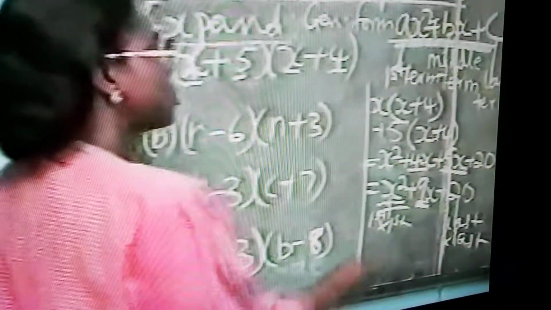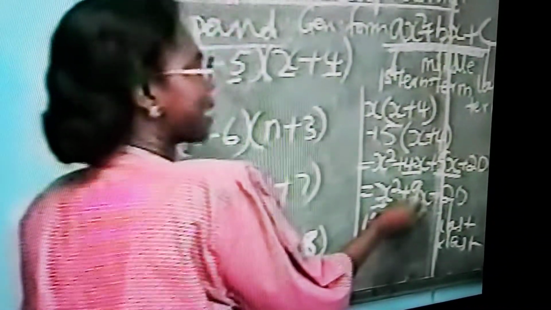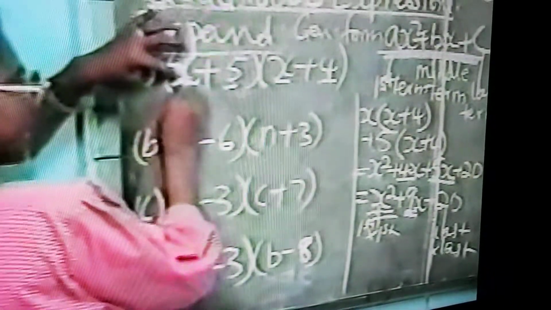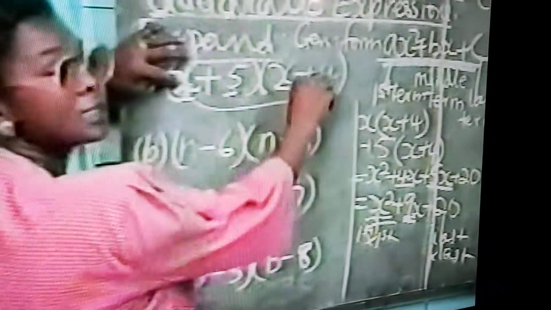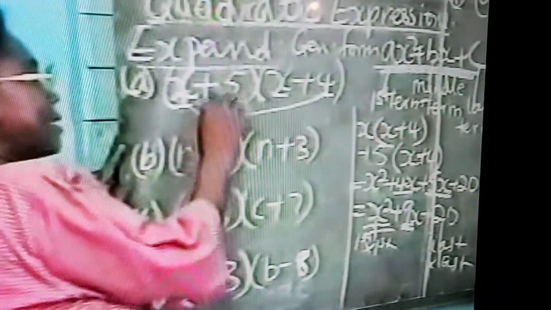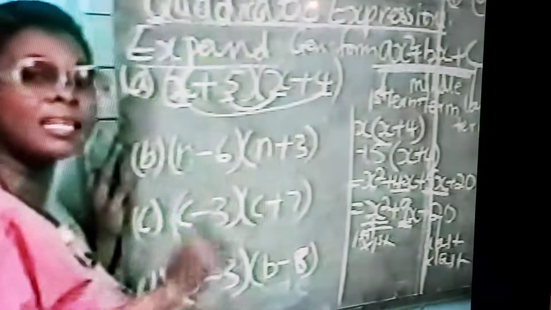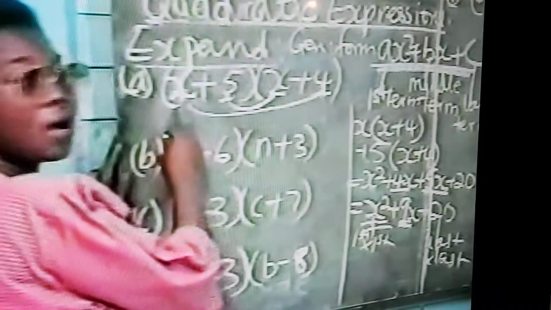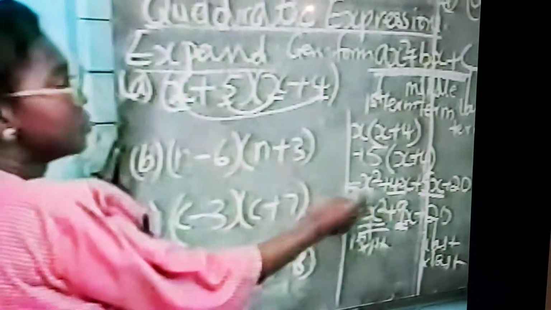Otherwise, what you normally say is that to get your middle term, you take first here times the last thing in that bracket and the last thing in this bracket times the first one in this bracket, and you add up. So you get 5x plus 4x, which will give you the 9x.